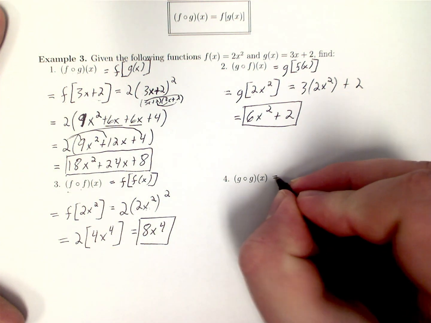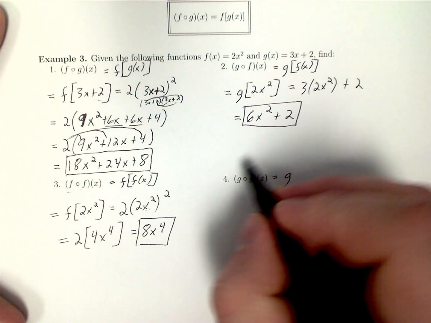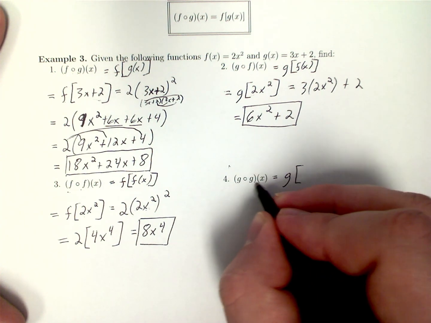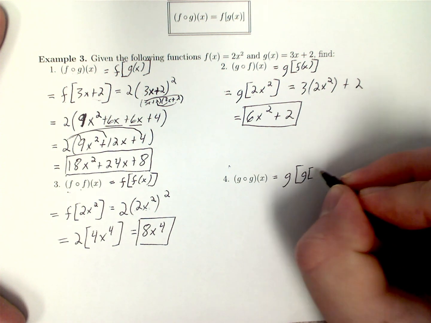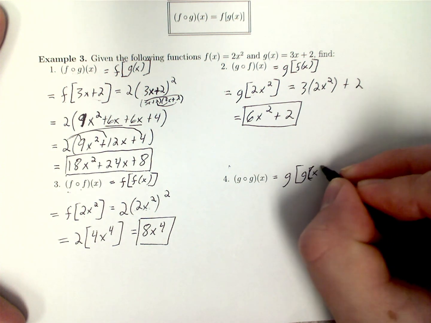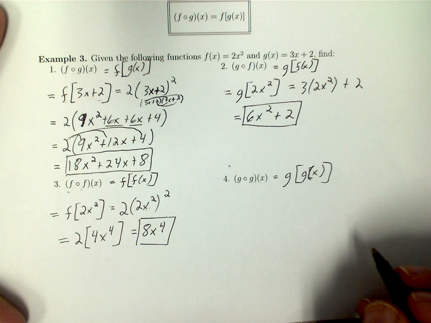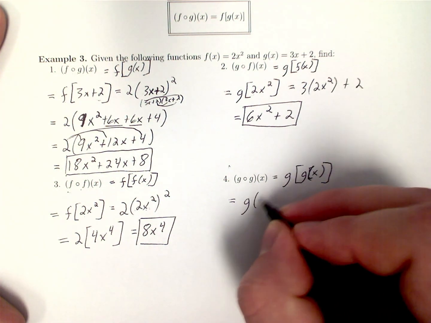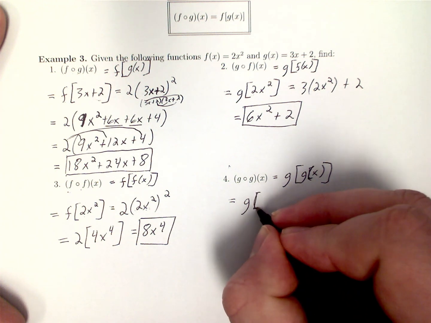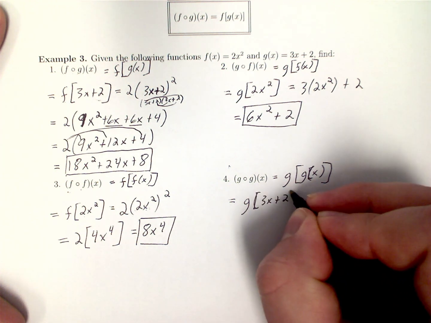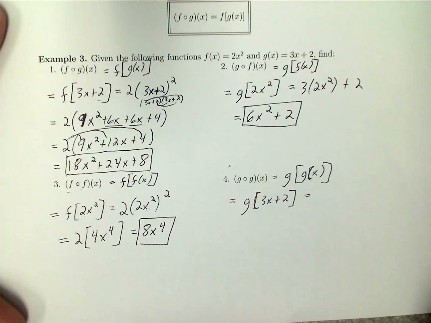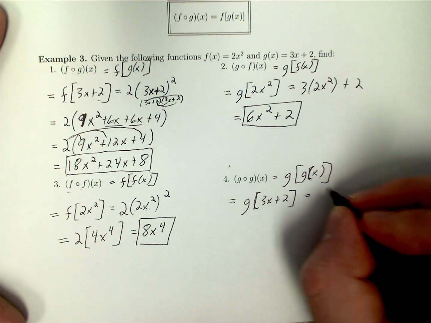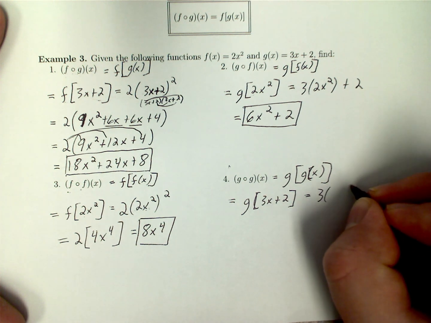Similarly, for g composed with g, what's on the left is what goes on the outside, and what we're plugging in is what's on the right. So plugging in g of x into g of x. And g of x is 3x plus 2, so g of 3x plus 2. And what is g again? Well, it's just 3x plus 2 still.